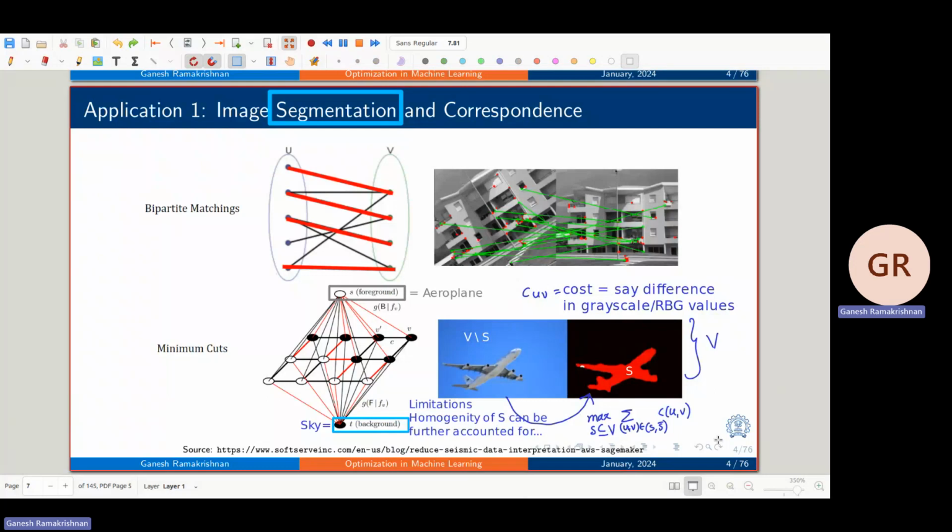But there is also min cut. You can pose it as a min cut problem. How do you pose it as min cut? This is max cut. What's the min cut version? Instead of cost, so C is basically a difference, right? But if I look at similarity, then what would I do? You would look at minimization.